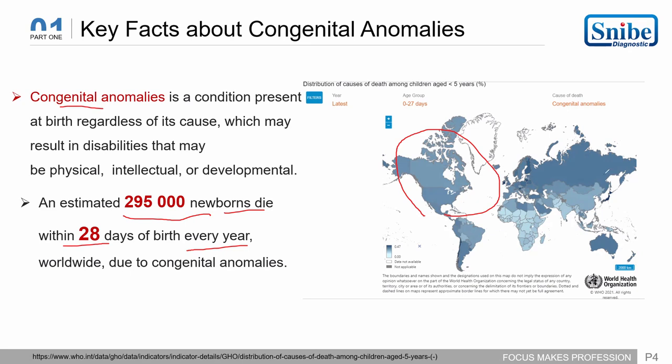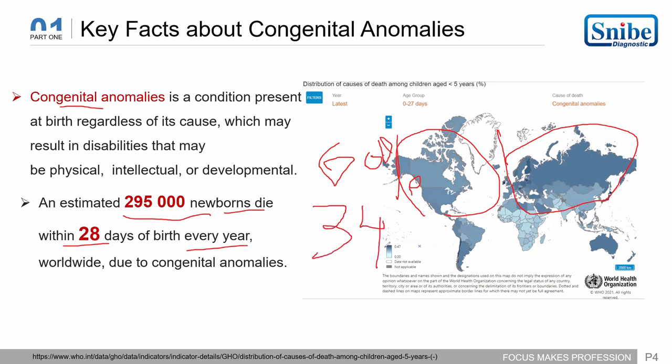In the global epidemiological distribution of congenital anomalies, it is mostly, 60%, in poor countries. In middle income countries, congenital abnormalities are 34%, and in rich countries, it is just 6%. These are the percentage-wise distributions of congenital anomalies.